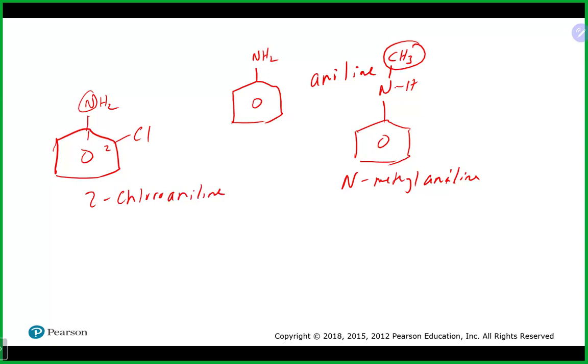Again, it can happen with the chain ones, not the ring ones, but you can sometimes have groups attached to the nitrogen versus the carbon. And in terms of the naming, we do use that N instead of numbers. And as we saw last time, you could even have two groups attached to that nitrogen. And much like numbers, they do an NN type situation to indicate that they are both attached there. Any questions on that there?